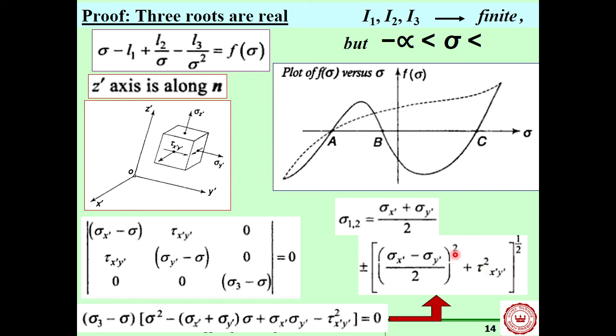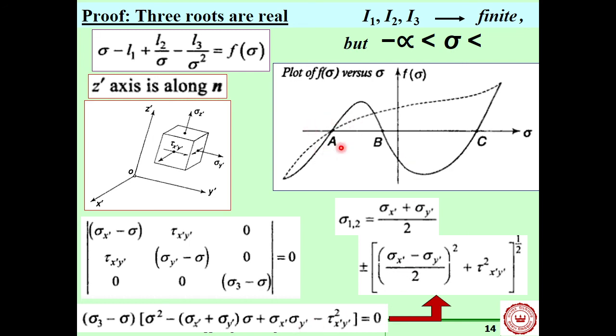Now, what are these quantities? This is a square quantity, this is also a square quantity. So it cannot be negative, it's a positive quantity. Its square root is something real. So ultimately, the roots which we will get from here, those two roots are also real.